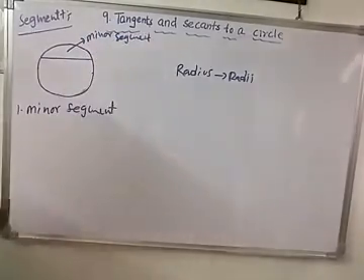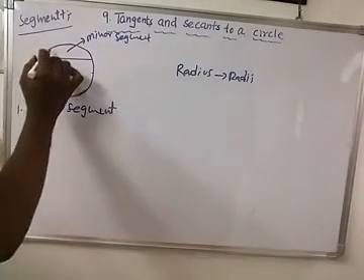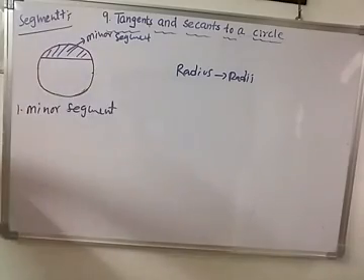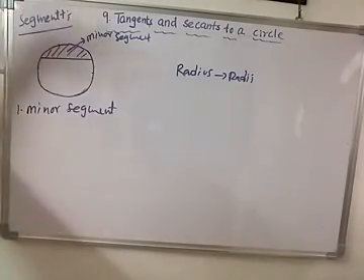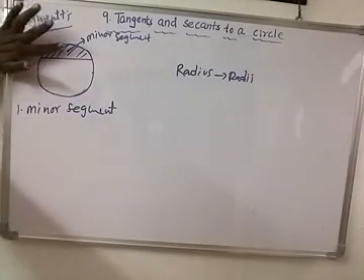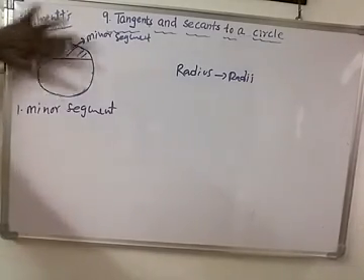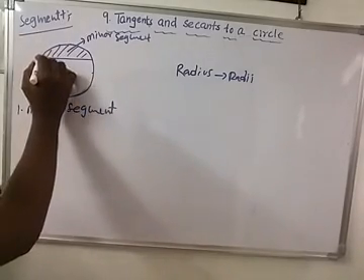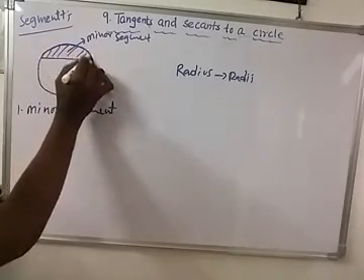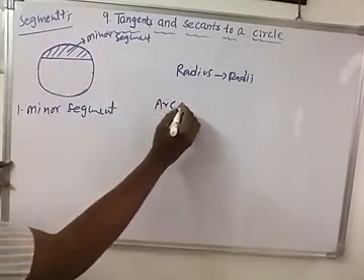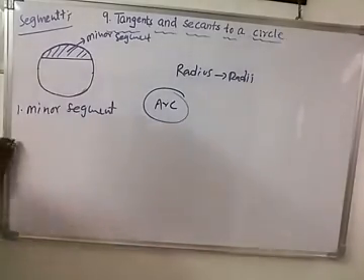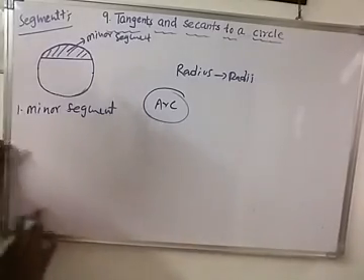First of all, what is a segment? Segment means the area enclosed by this. What encloses it is called an arc. So what is an arc? An arc is a part of a circle, on a circle.